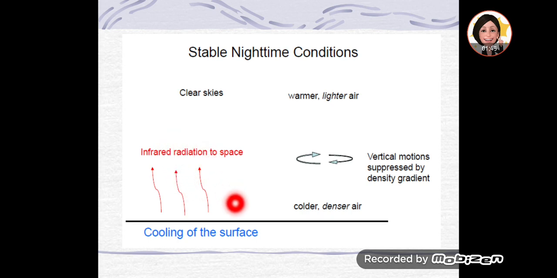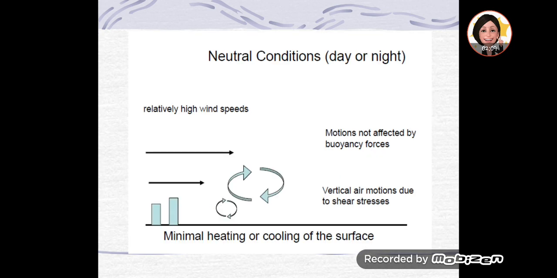The surface goes through a cooling process, so the warmer air will stay at the top and the colder, denser air will stay at the bottom. The vertical motion, going upwards, is suppressed by the density because it's heavier, so it will stay here. That is the nighttime stable condition.